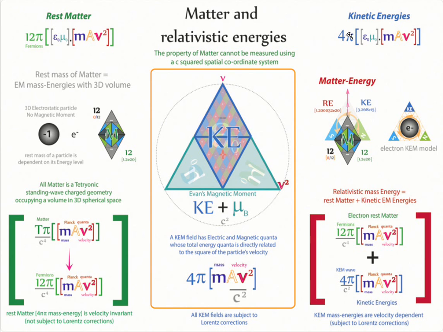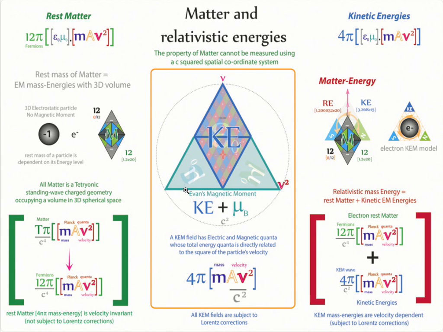It's not green in colour, it's blue, indicating it's a 4n pi, as in Euclidean mass energies, and then neutral. So we have 1, 2, 3, 4 pi geometries. 2 pi of permittivity, 2 pi of permeability.